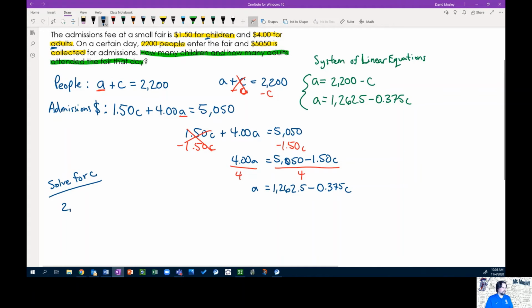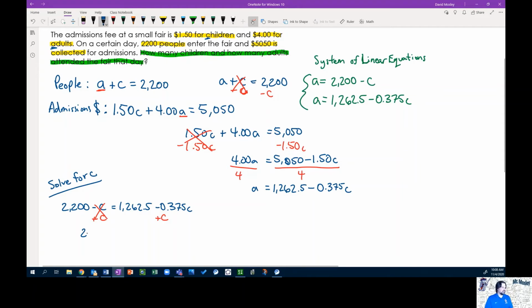So we're going to set these equal. We have 2,200 minus C equals 1,262.5 minus 0.375 C. I need C on one side and numbers on the other side. I'm going to start by adding C to both sides. The reason I do this is because I end up with a positive valued C on the right-hand side, which is nice. I like positive numbers.